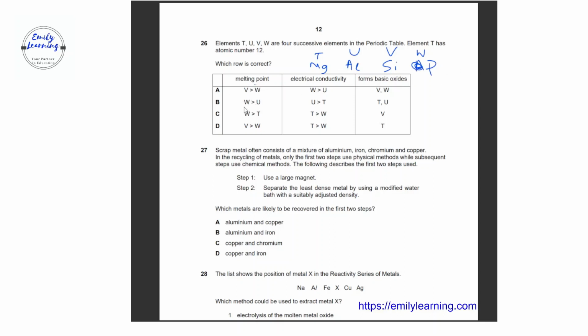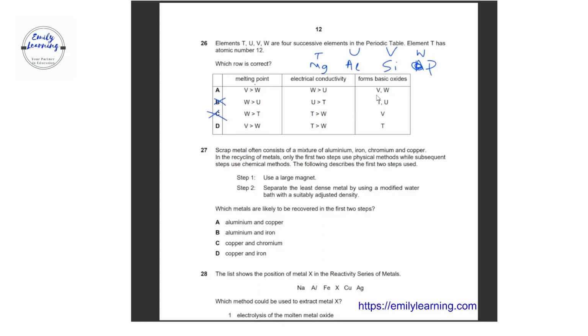Okay, next, W has a higher melting point than U. W is phosphorus, U is aluminium. Metals generally have a higher melting point, because the van der Waals force or the intermolecular forces in simple covalent molecules are weak compared to the electrostatic force of attraction between the metal cation and the electron. So this is wrong already. Next, W has a higher melting point than T. This is wrong because molecules will have a lower melting point than metal.